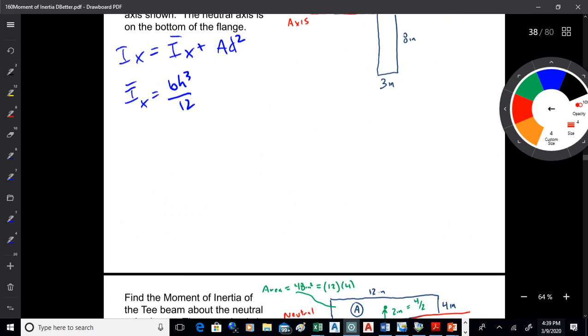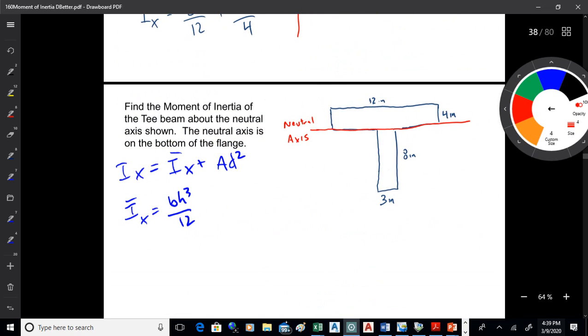Let's get some centroids on those things. Here's one. And there's one. So what I want is the distance from the neutral axis to the centroid. With that distance and that distance.